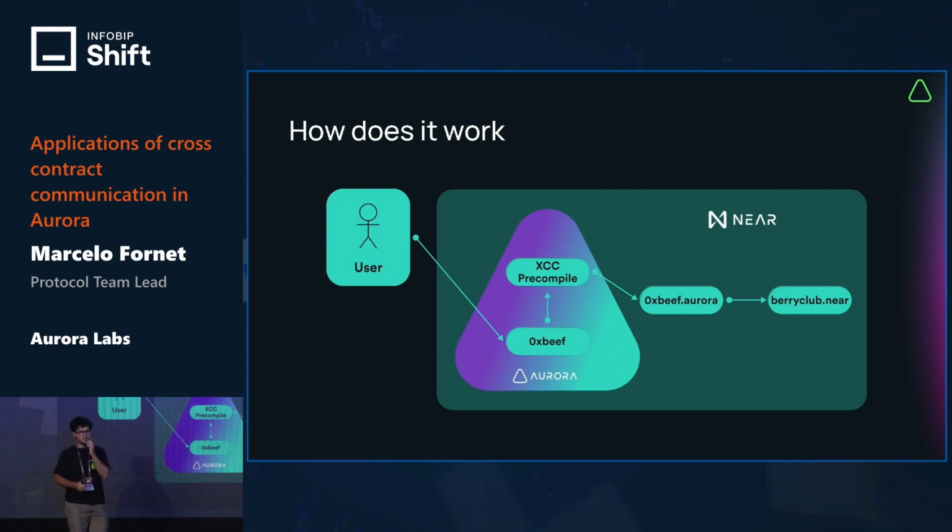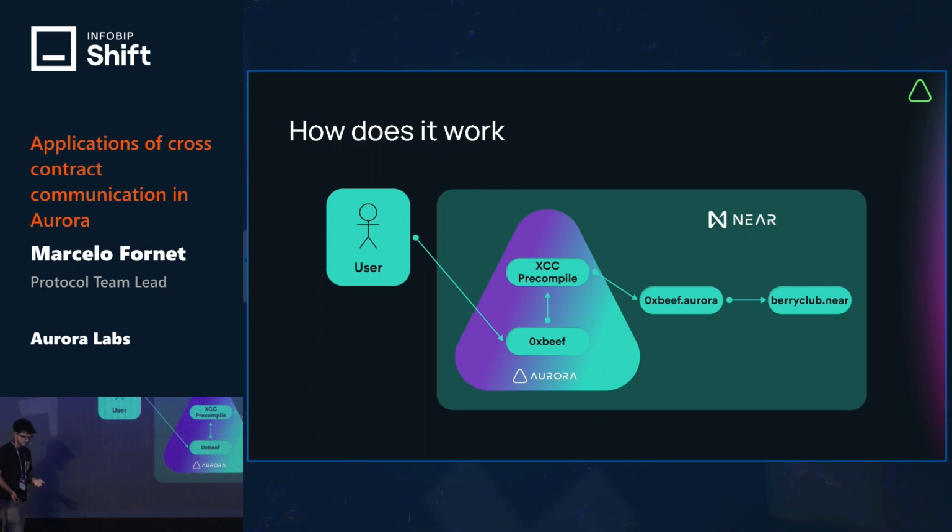That's a critical part when you are doing cross-contract calls. You need to know who is sending you this information. If we were to execute this transaction directly from Aurora to berryclub.near, berryclub.near wouldn't be able to tell apart different users in the Aurora ecosystem. That's the whole point. But no one will be able to interact with 0xBEEF.aurora, which is not the Aurora contract itself.